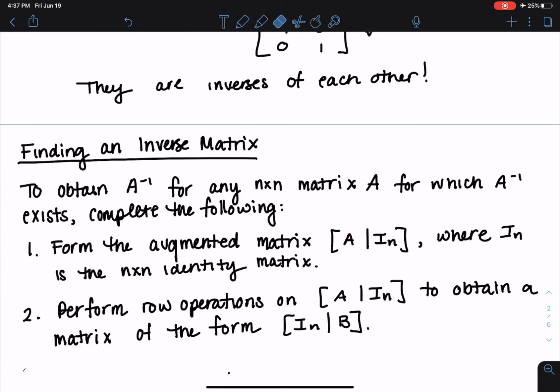Then we're going to perform row operations on this augmented matrix, just like we did in the Gauss-Jordan method, to turn the left-hand side into an identity matrix. The right-hand side is going to be something completely different because you're going to perform the row operations on the right as well. Once you get that matrix A to the identity, the thing you have on the right-hand side is exactly going to be your inverse.